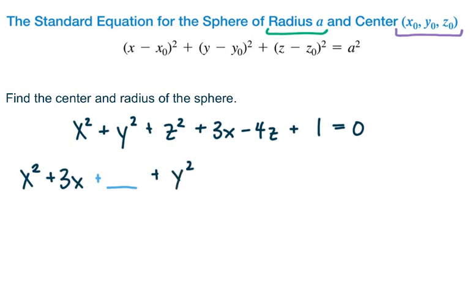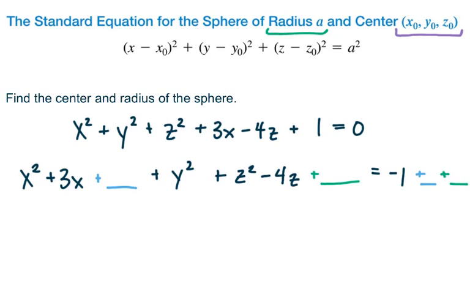Since I don't have any more y terms, I can just leave that, and then I've got plus z squared minus 4z, and again, we're going to need to add a term when we complete the square. That is going to equal -1, and whatever I add on the left, I have to add on the right to keep this a balanced equation.